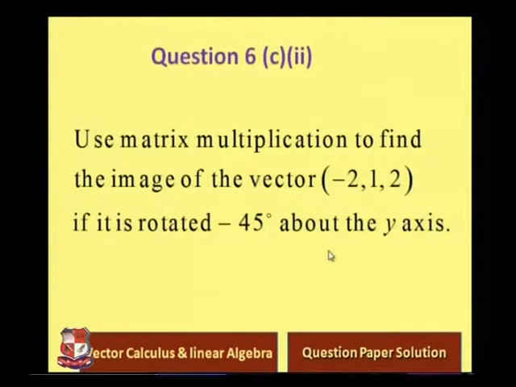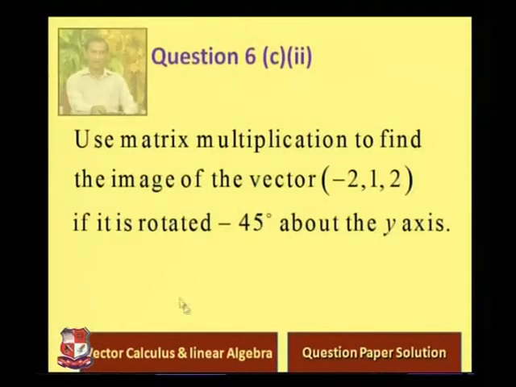Now the next question is question number 6c2. Use matrix multiplication to find the image of this vector if it is rotated minus 45 degrees about the y-axis. First write the standard matrix of rotation about the y-axis.